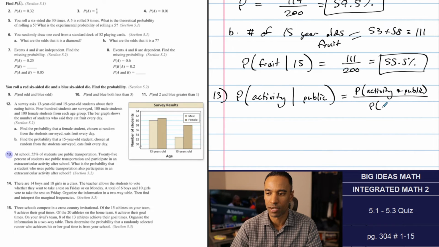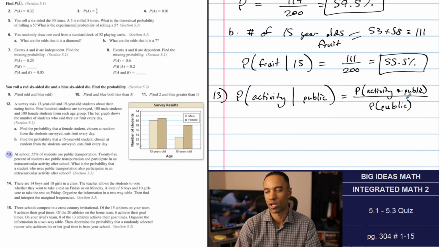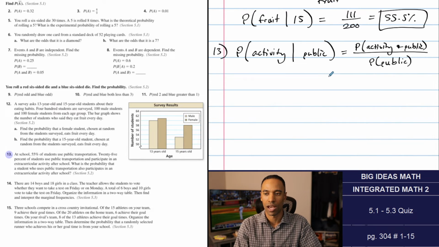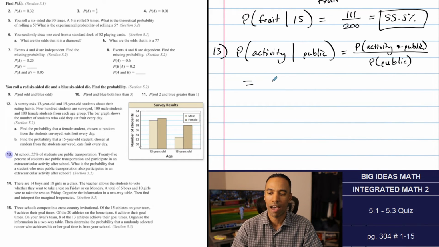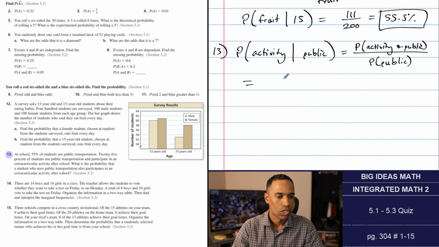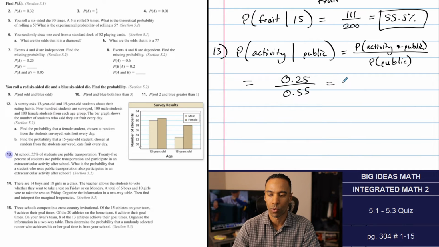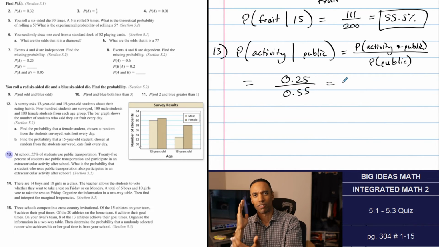Remember, it is given those who use public transportation. We don't care about those who do not, and we only look within those who use public transportation. So we have 0.25 who do both, and of those, 55%, so 25 out of 55. It's 5 out of 11.